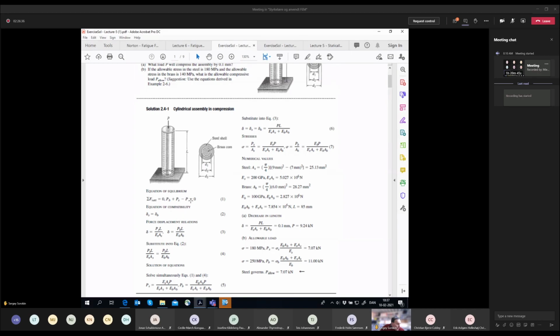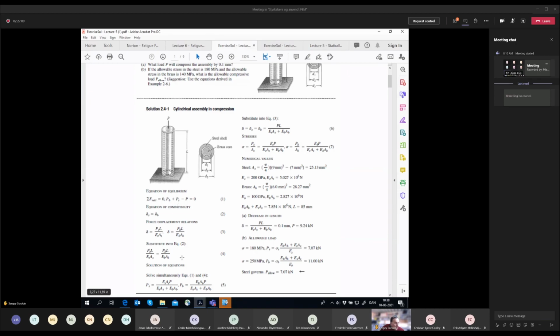What happens is that we have this compatibility condition that the displacements are the same. Then we use Hooke's law to express these displacements via forces. Then we take equation 2 and find the relation between the forces P1 and P2, and we take this relation and substitute it into equation 1.